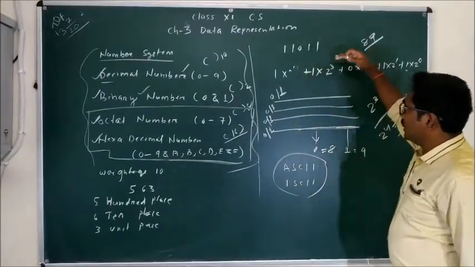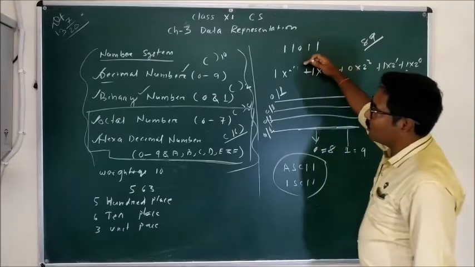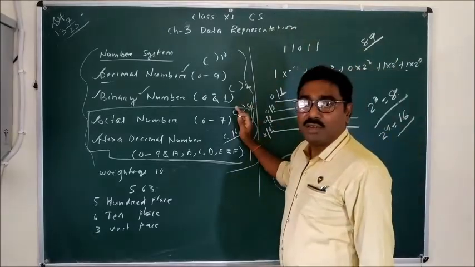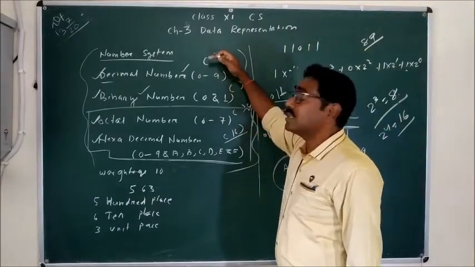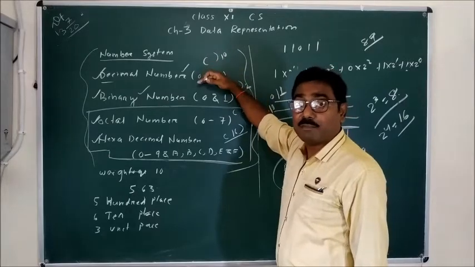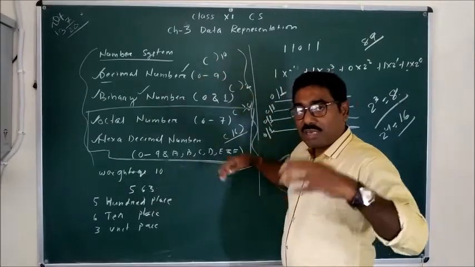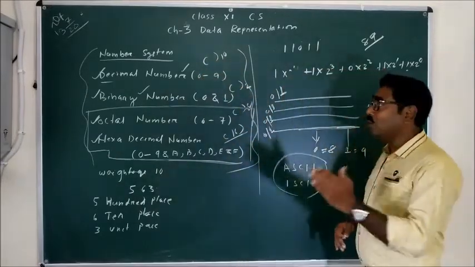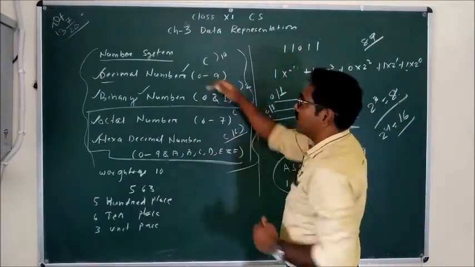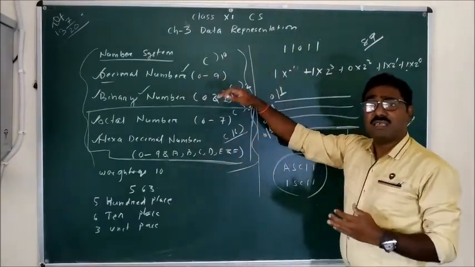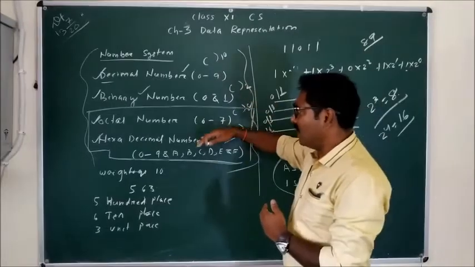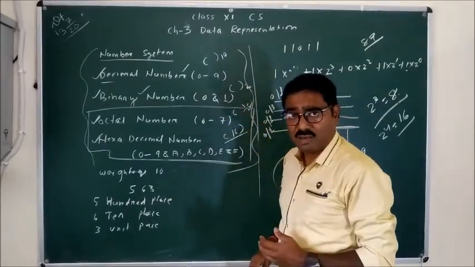Now, I am damn sure that it is not yet clear to you how the numbers are converted or represented exactly. So in the next session we'll learn how a decimal number is converted to binary, a binary number is converted back to decimal, octal to binary, or binary to octal.